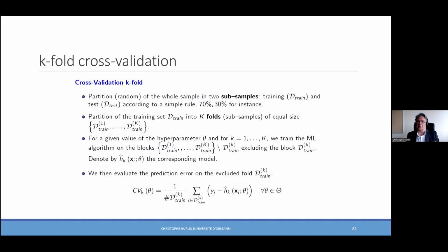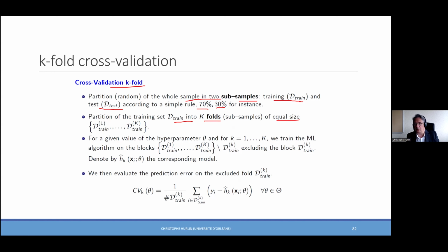So let me summarize cross-validation carefully. Partition the whole sample into two subsamples, the training and the test, for instance 70-30%. Partition the training set D train into K folds of equal size, D1 train to DK train.